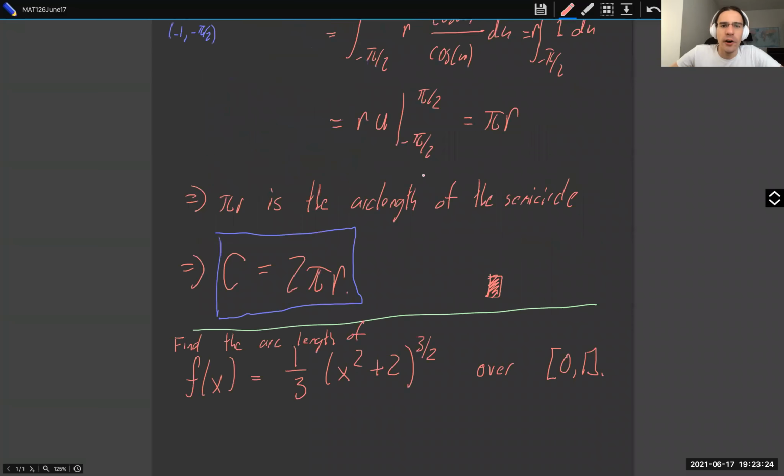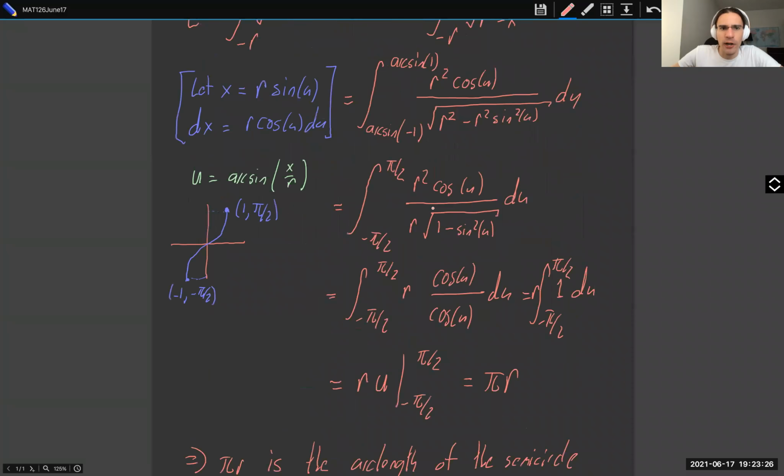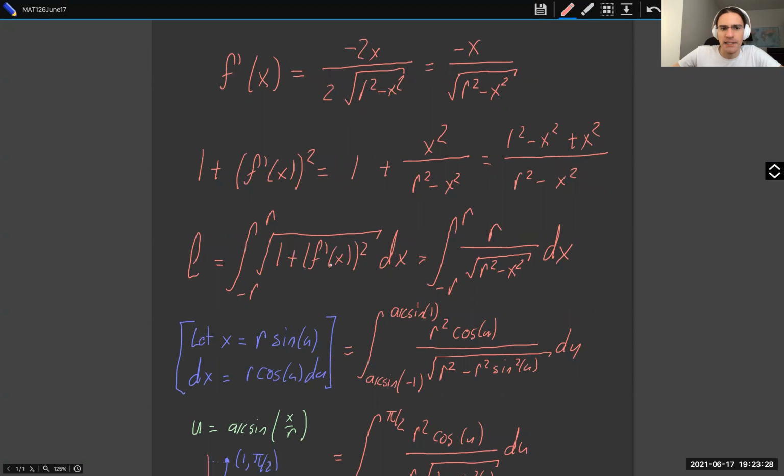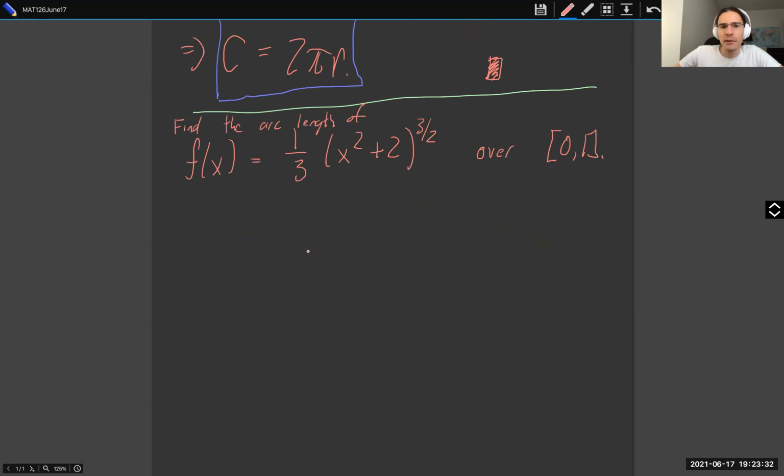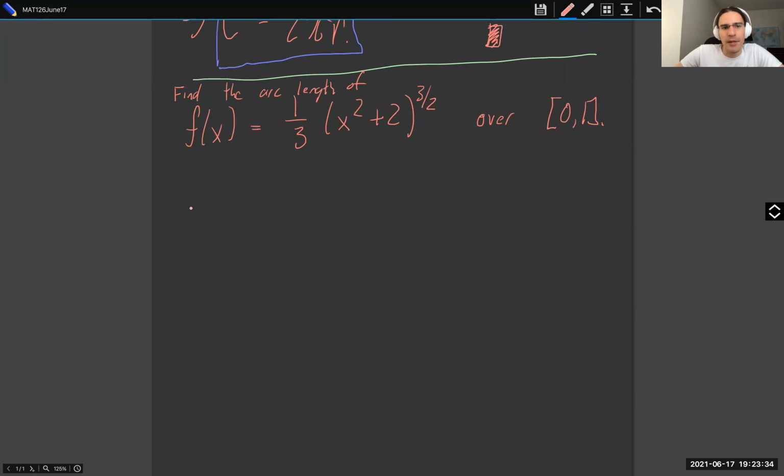As before, we know that the formula for arc length involves this expression 1 plus f prime squared, right? So a good way to start would be to calculate what f prime is. What rule am I applying? Chain rule. Yep. The outer function is x to the power of 3/2.